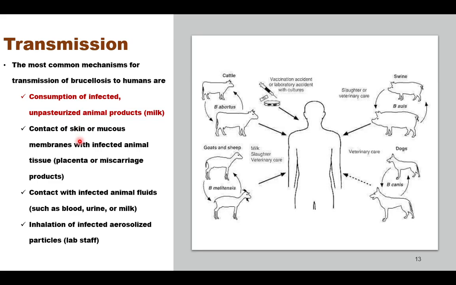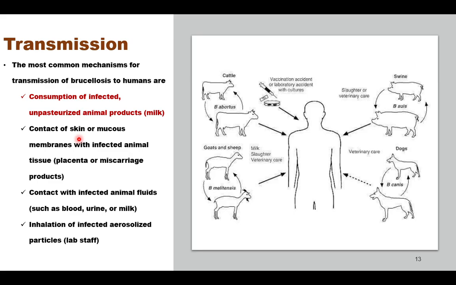Other means by which infection may be acquired include contact with skin or mucous membrane. This is particularly important in veterinarians. You know, at times we have minor abrasions of the skin. We are not aware that we have these abrasions, but the organism uses these minor abrasion sites as a portal of entry. So contact, particularly when you don't wear the PPE, with contaminated body fluid can transmit infection.